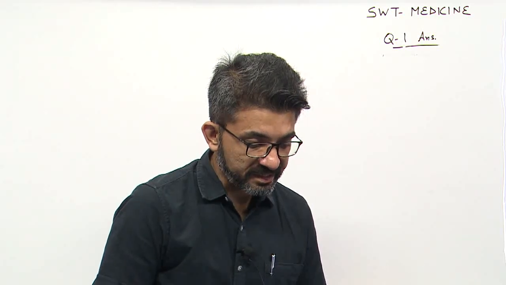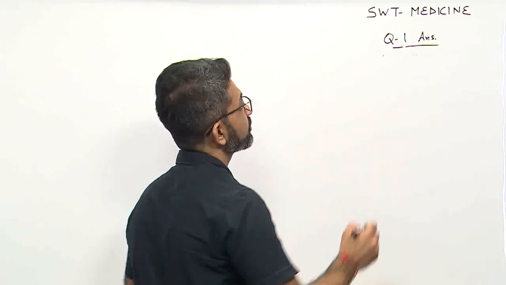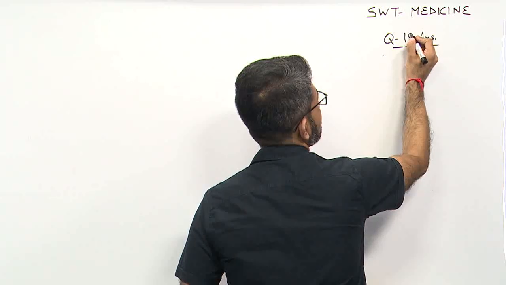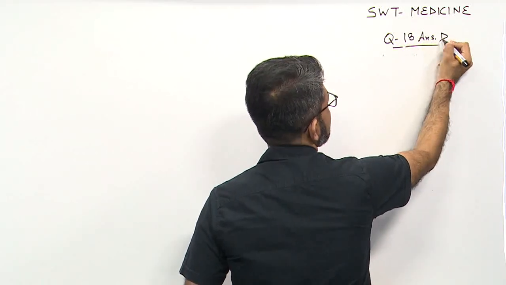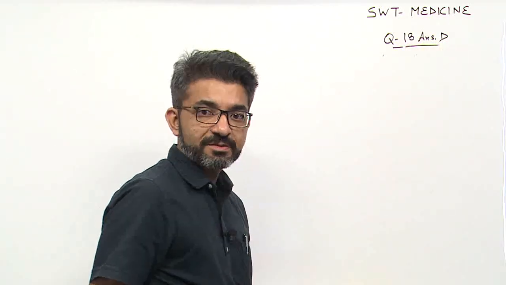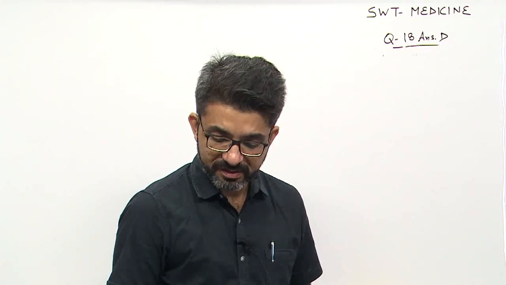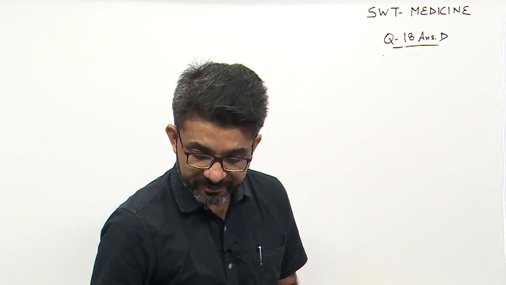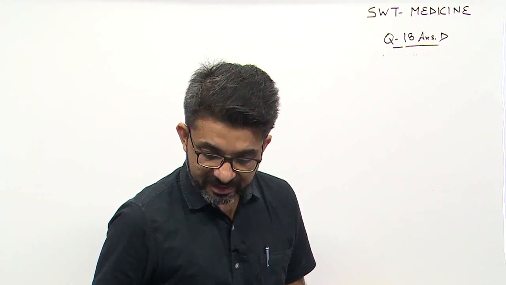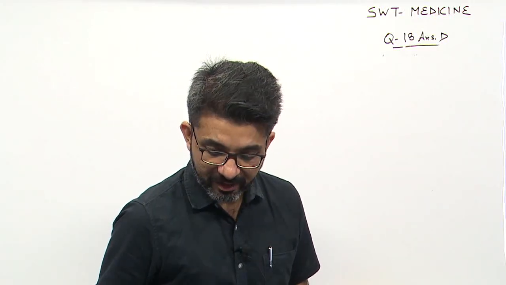Question number 18. This is regarding bronchogenic carcinoma. Answer is D. I am extremely sorry, the explanation which is given in the explanation booklet is wrong. The explanation given is regarding small cell carcinoma lung.